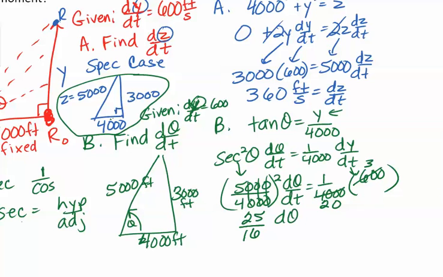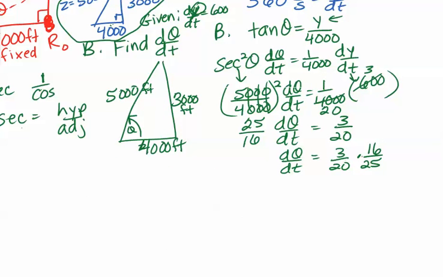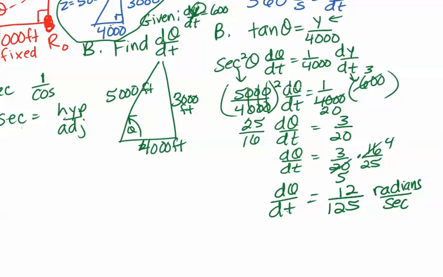To solve for d theta/dt, we multiply both sides by the reciprocal, so we'll have 3 over 20 times 16 over 25. We can simplify and come up with 12 over 125. This would be in radians per second. This is how fast we're tipping the camera, so our units here are radians per second.